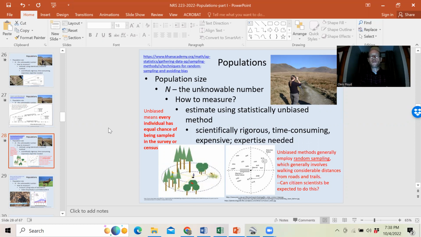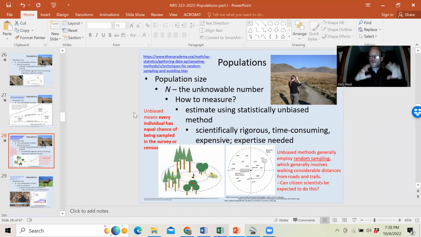Now I want to leave you with something here, which is just an overview. And here's the key. If you're going to have an unbiased estimate, here's what has to be true. Over here to the left, here's what has to be true. In your population, as you defined it, there's a certain number of individuals. You can't know what that number is, but those individuals are there.